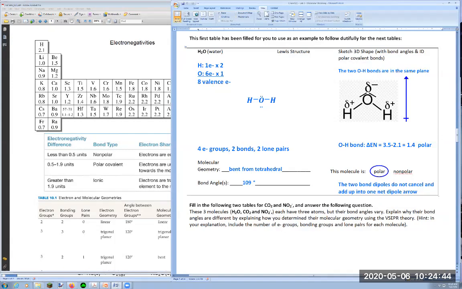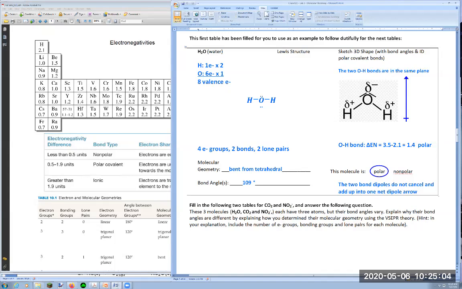Here I added the comment that the two bond dipoles do not cancel, and they add up into one net dipole arrow. You need to show the arrow if you decided that the molecule is polar. If you decide that the molecule is non-polar, you don't need to add an arrow.